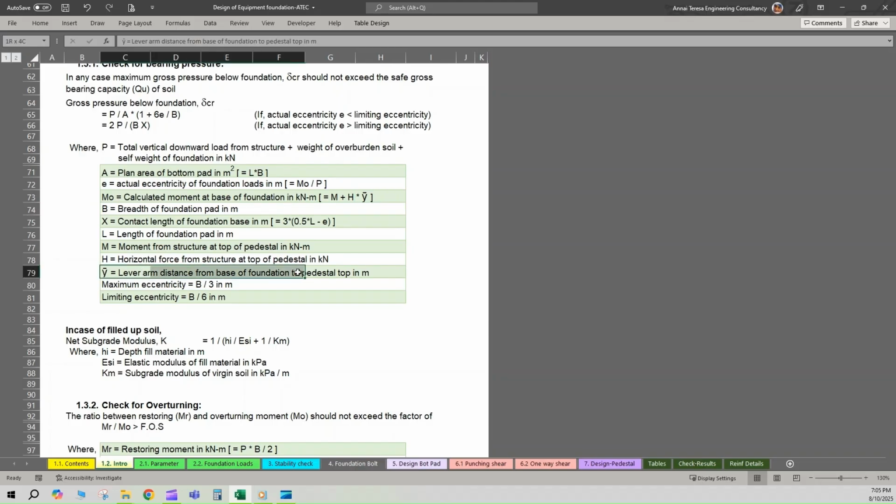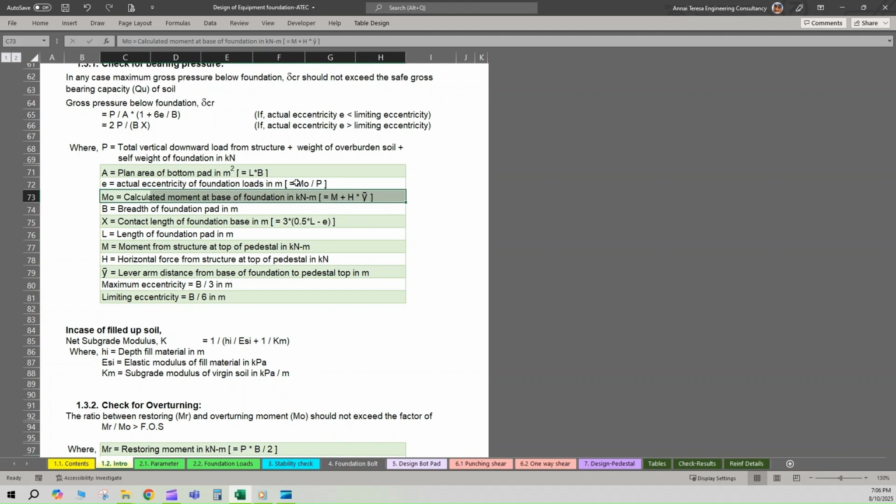So that is the lever arm distance from the base of the foundation to the pedestal top. We need to multiply it with the horizontal force applied on the top of the foundation and add it to the actual moment at the top of the pedestal or foundation. Then we can find the calculated moment at the base of the foundation.